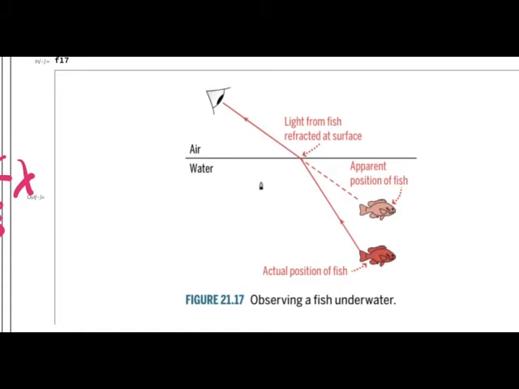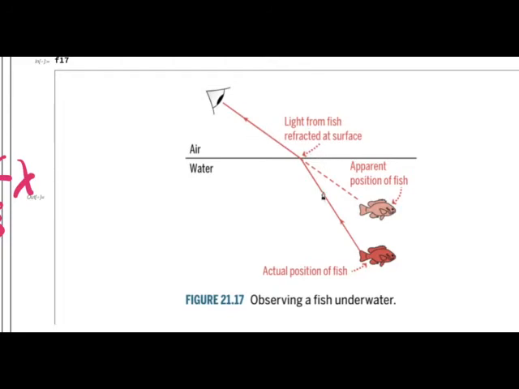Probably a more familiar thing would be, suppose you're standing in a swimming pool. So you're standing in a swimming pool and you're looking at your feet. Your legs seem to be much shorter than they really are. Your feet seem to be closer to your eye than they really are.